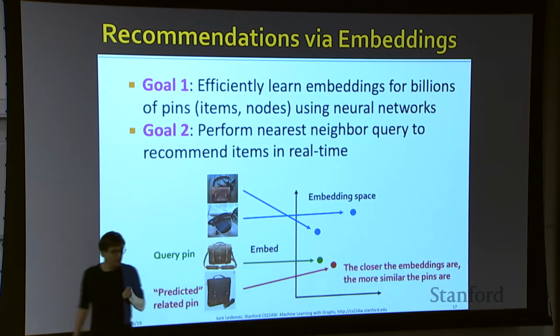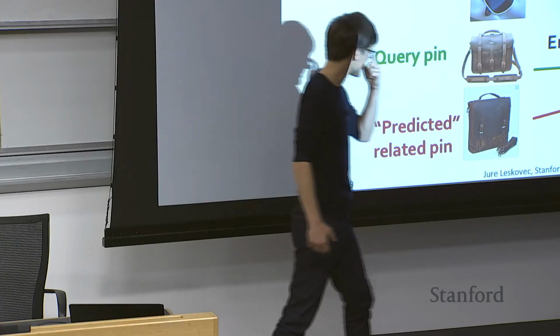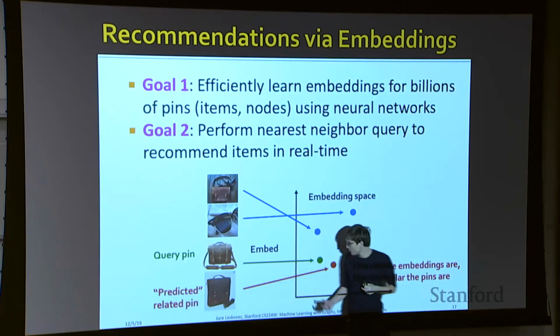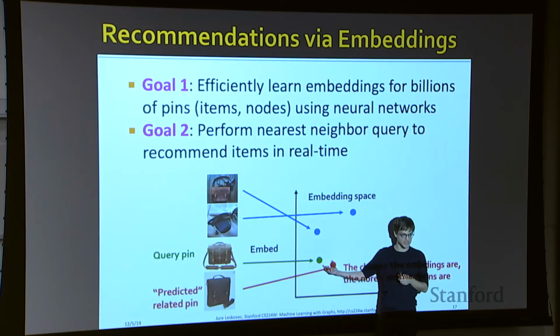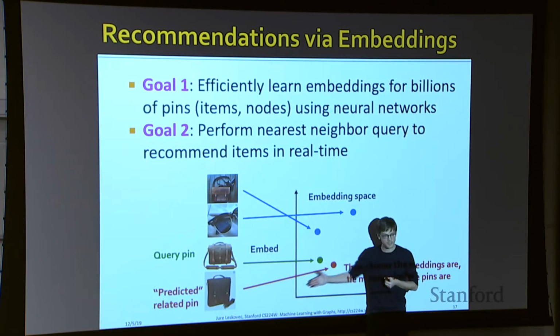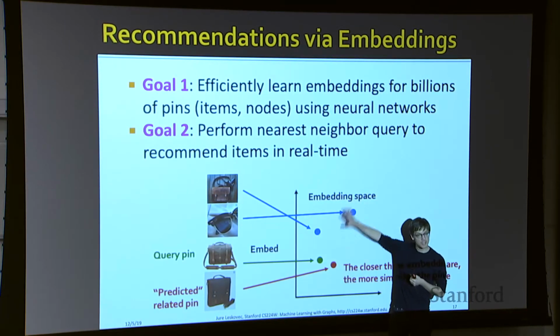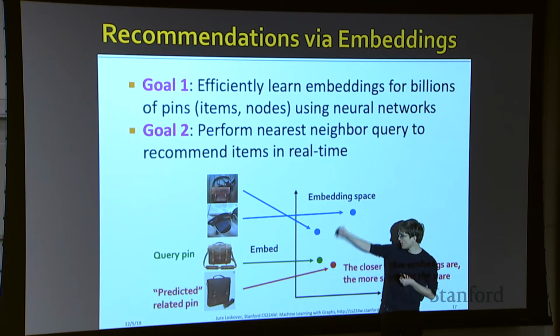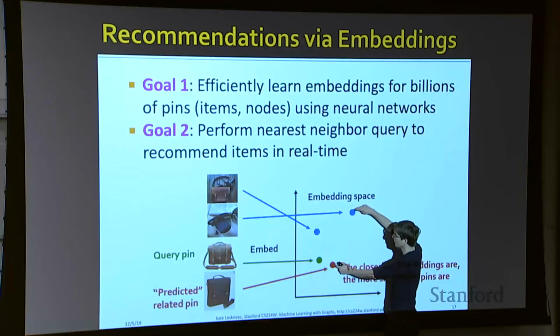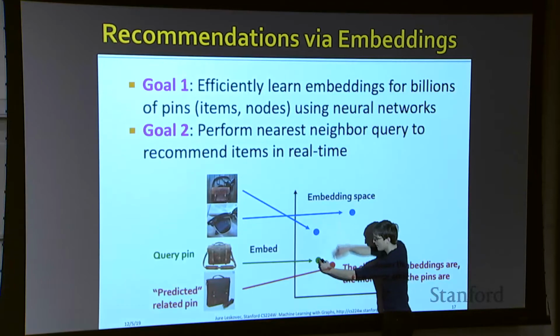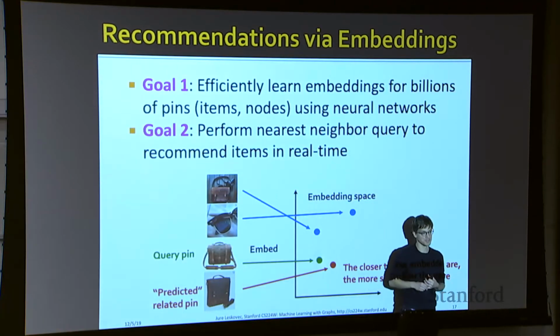Then the question will be, what you didn't ask me is, how do you quickly find nearest neighbors in this high dimensional space? Because if you have a 300 dimensional space with about 3 billion points here, you cannot go and compute the distance between the query and every pin and find the closest ones. You cannot do that.